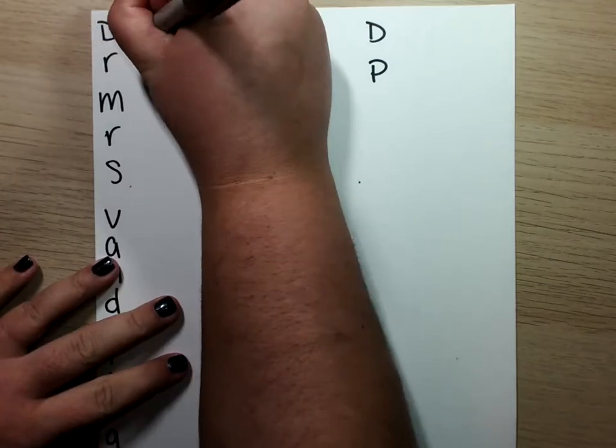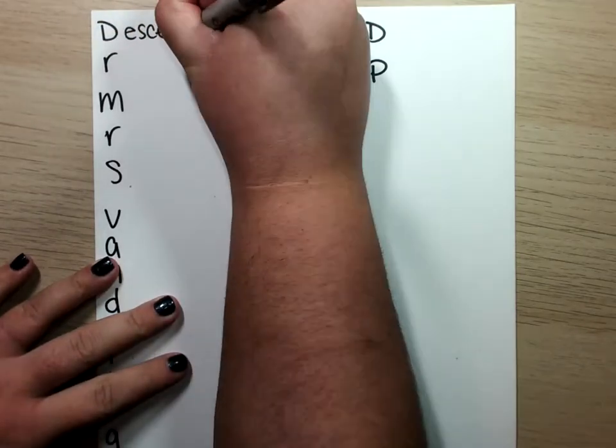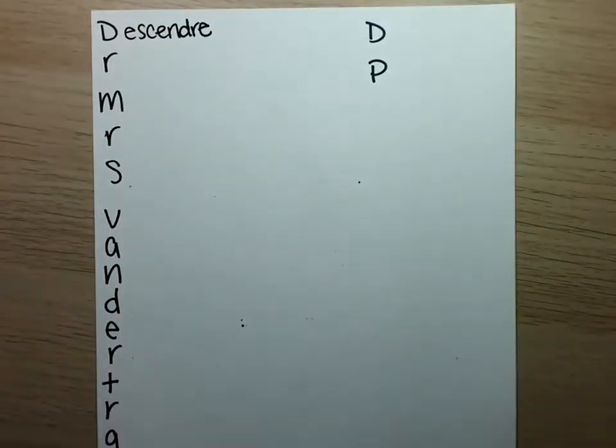So the first verb that we're going to talk about up here is descendre. Descendre. That is the verb to go down, like to descend. So descendre is regular, and it follows that rule, descendu. So I'm also going to write out all of these past participles so you can see what they are and kind of see how they're formed.